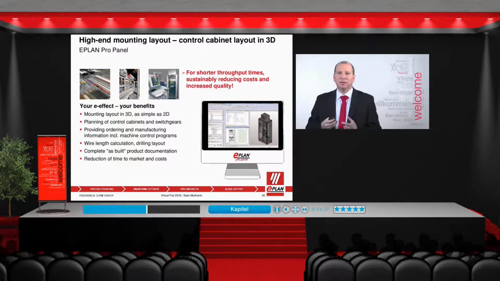So EPLAN ProPanel is a very effective tool to lay out your enclosures in 3D and automatically extract the 2D views for it. You can plan control cabinets and switchgear. You can also provide ordering and manufacturing information. You can calculate wire lengths and drilling patterns, and you can also reduce the time and cost. And that's the important factor right there.